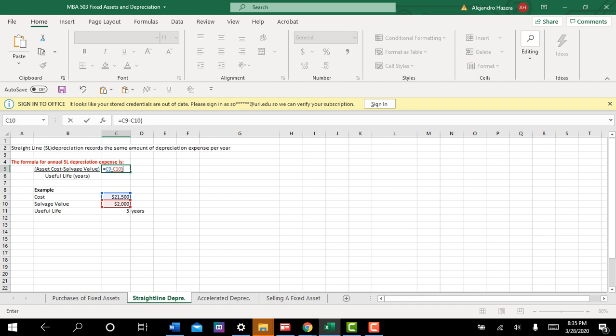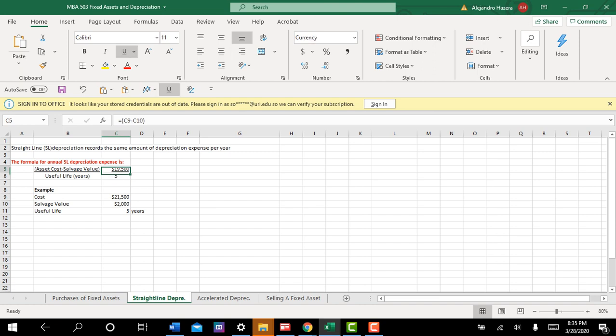I've got to open the parentheses. So that's 19,500. You take the cost less the salvage value. And the useful life of the asset is 5 years. So let's go 5 years there.